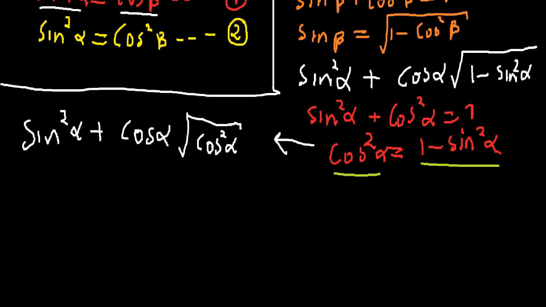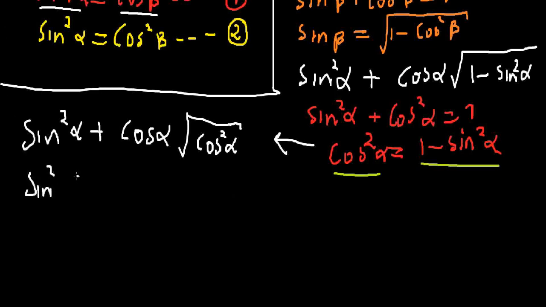Now the square root of x squared, from indices and logarithm, we know that the square root of x squared is simply the absolute value of x, which is simply x.